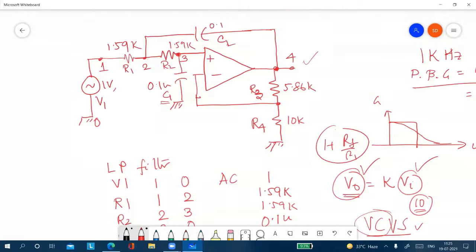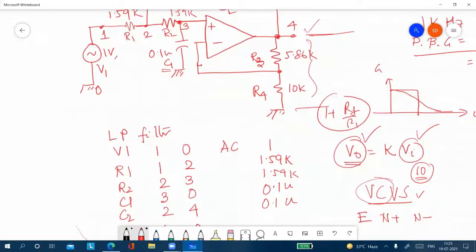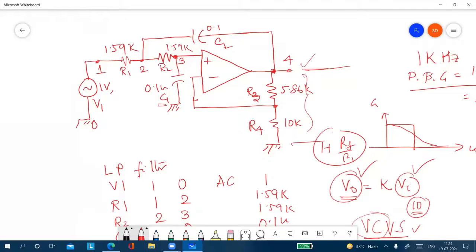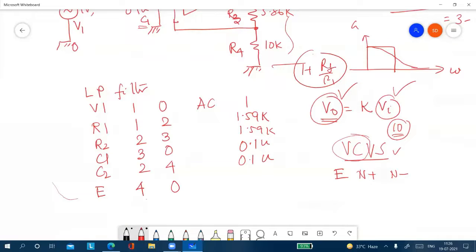This output is a dependent voltage, obtained from these two terminals. N plus, and it depends on input terminal 3 0. Output terminal is connected from 4 and 0, input terminal is 3 0.